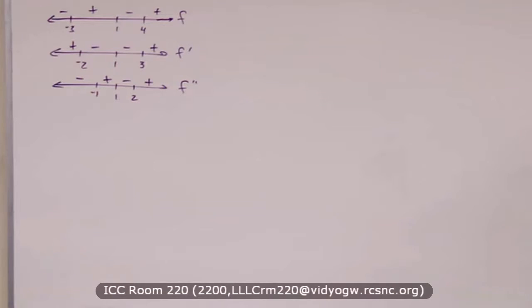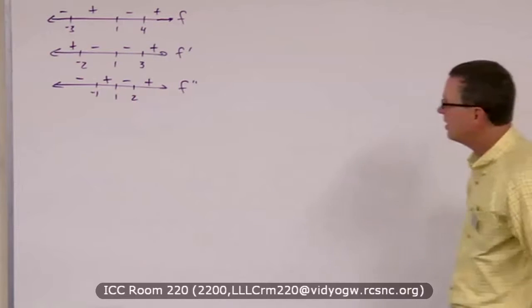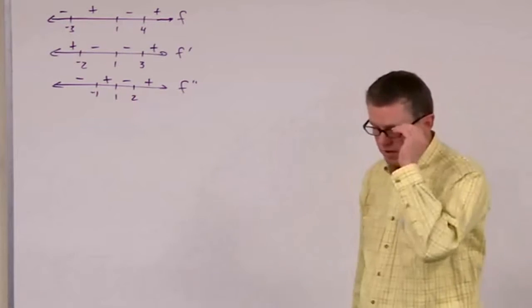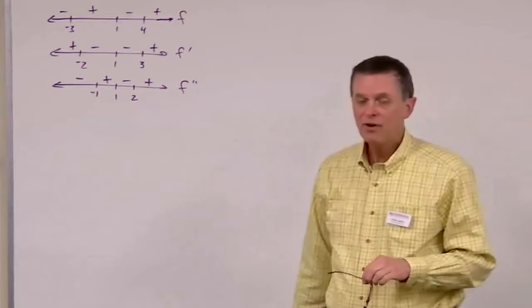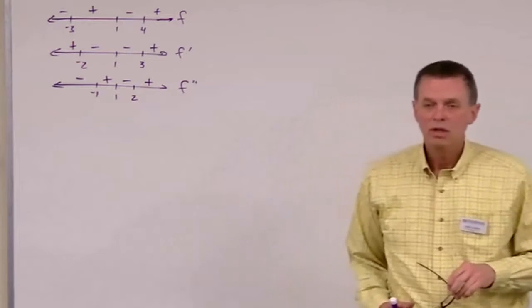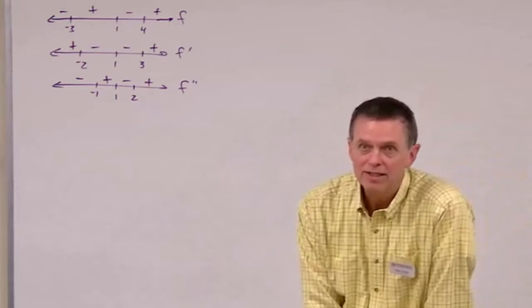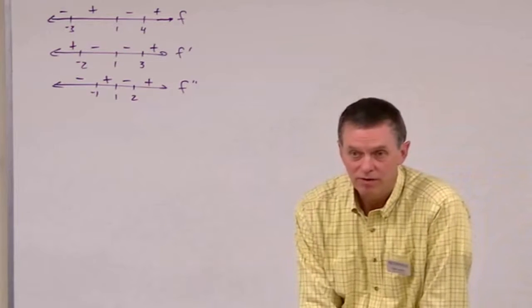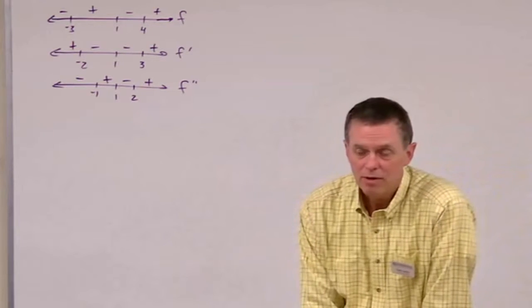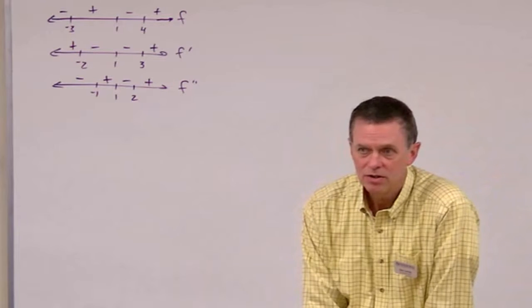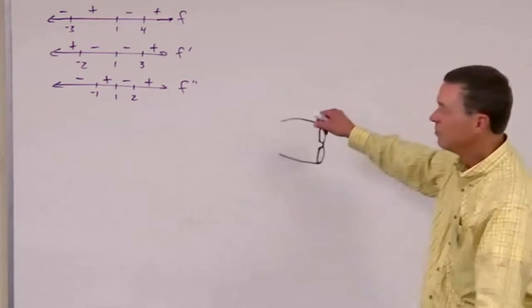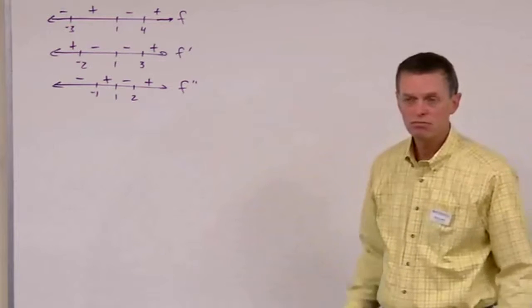First thing to say is the book takes the point of view that at the critical values, if they do not mark it, it's interpreted to be a zero value. If they mark it, they'll mark it as does not exist. So all the critical values up here are zeros.